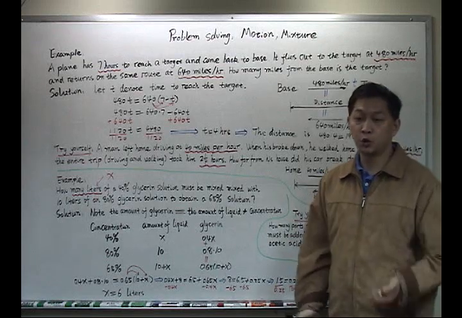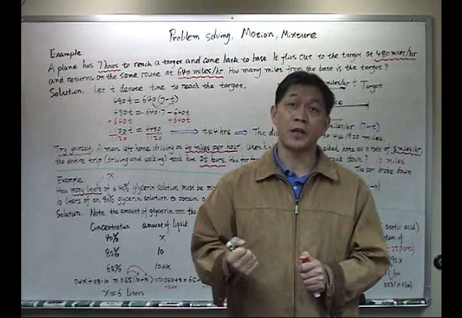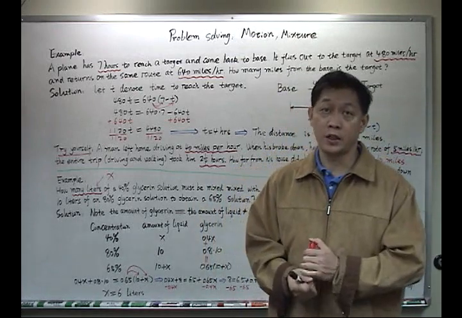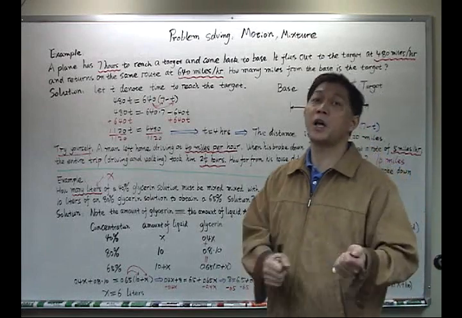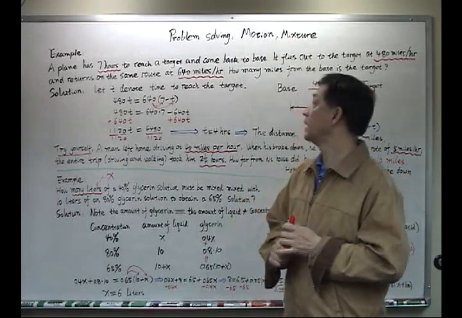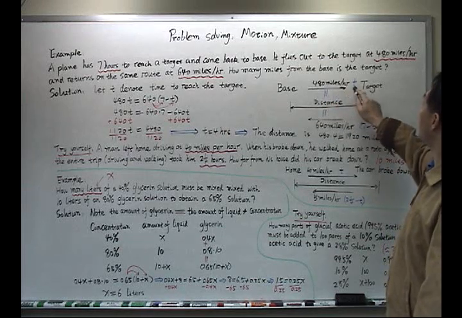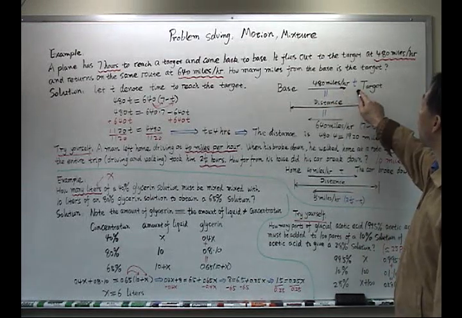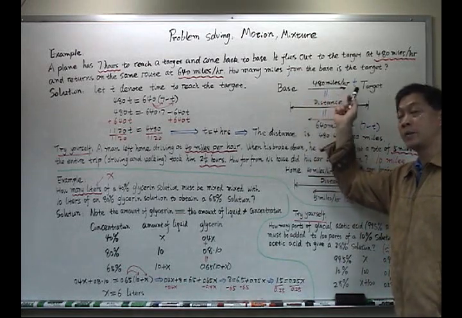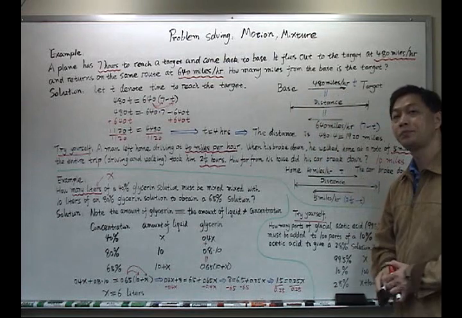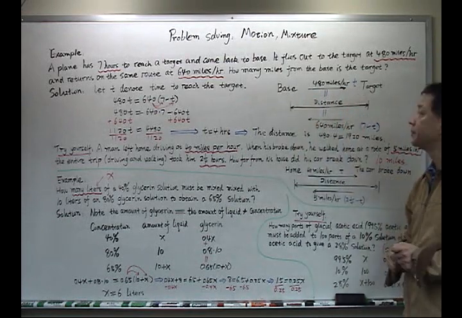When you drive a car, like speed is 70 miles per hour, then 2 hours later that would be 140, because 2 times 70. Right here, the speed is 480 miles per hour. The time you don't know, but you do know 480 times t is the distance from the base to the target.